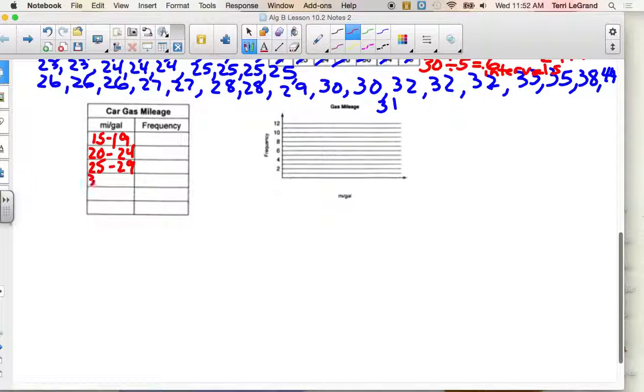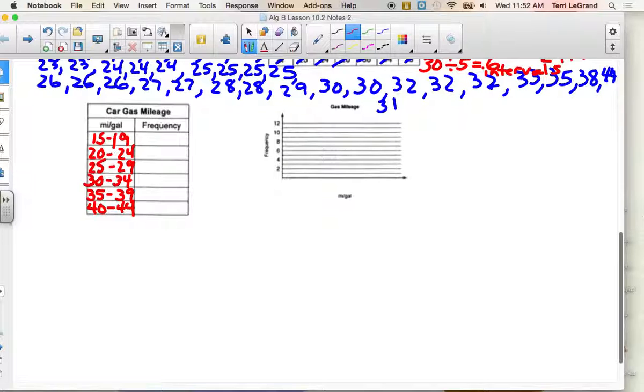The next one starts at 30 and goes to 34. The next one starts at 35 and goes to 39. And the last one starts at 40 and goes to 44. And is that our largest number, 44? Yeah. Awesome, we did it.